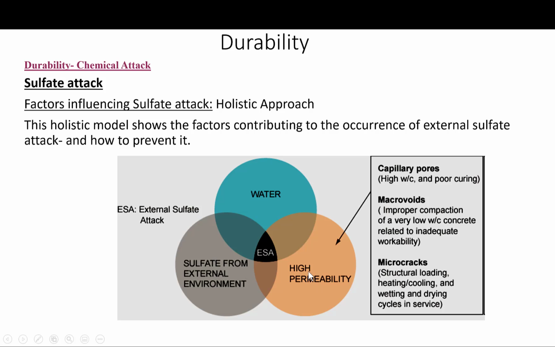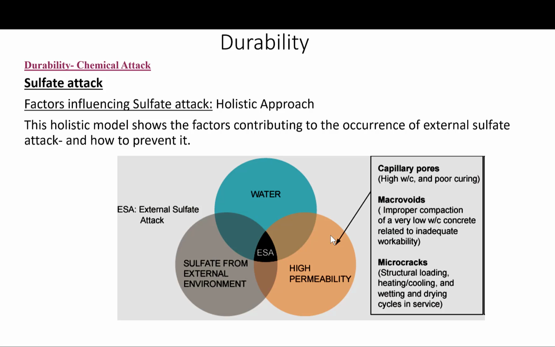the concrete has to be permeable to basically allow for the transport of these ions into the concrete. Okay, so as you can see here, the presence of water and the source of sulfate in groundwater cannot be eliminated, because sometimes we cannot really choose where the structure will be built. So water is always there, and the sulfate in some form, in the soil or the seawater, will exist. Okay, so what is under our control is the concrete quality.